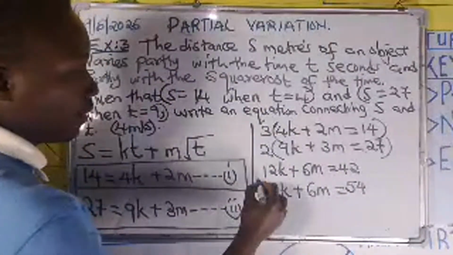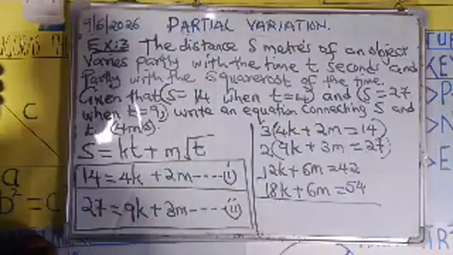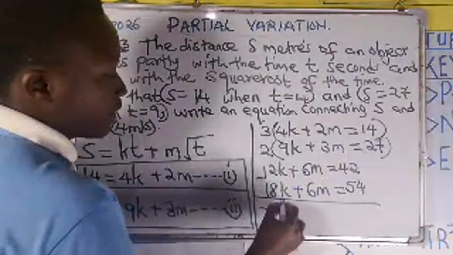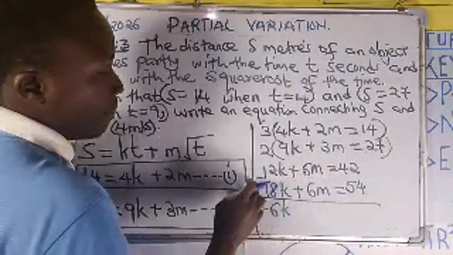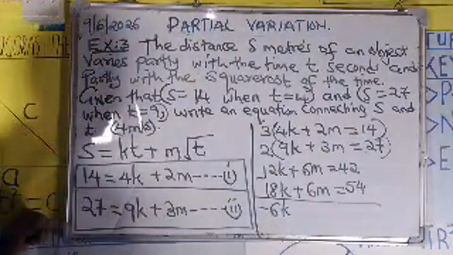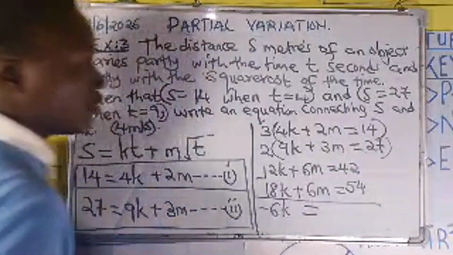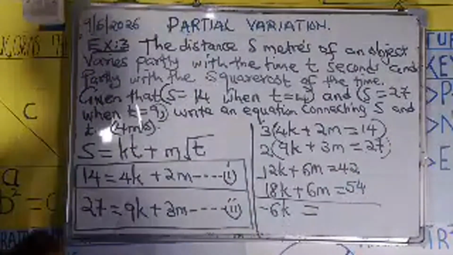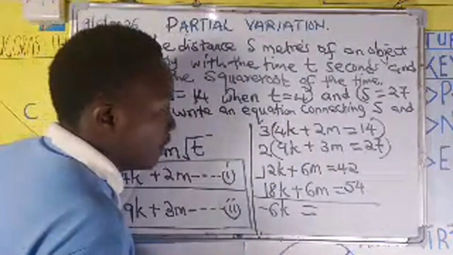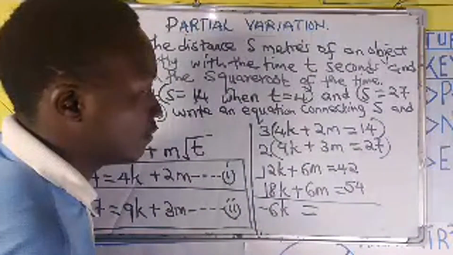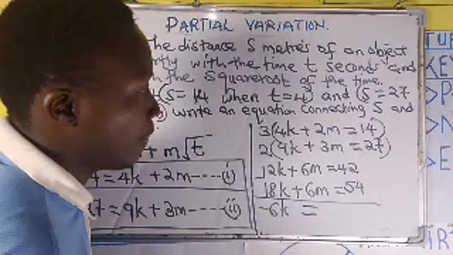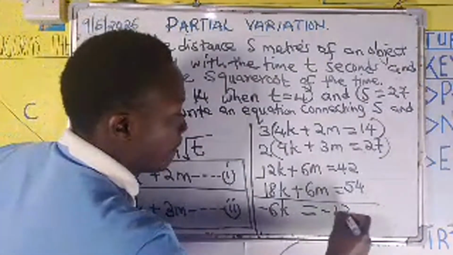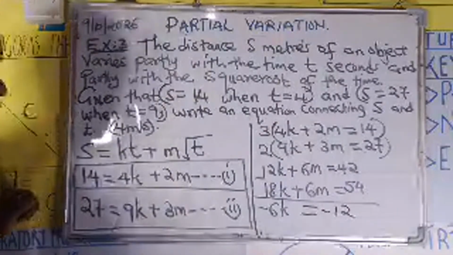Equivalent to 54. And when we subtract, to eliminate, 12k minus 18k will be negative 6k. 6m minus 6m is 0. So we will have minus 6k equals 42 minus 54, which gives us negative 12.